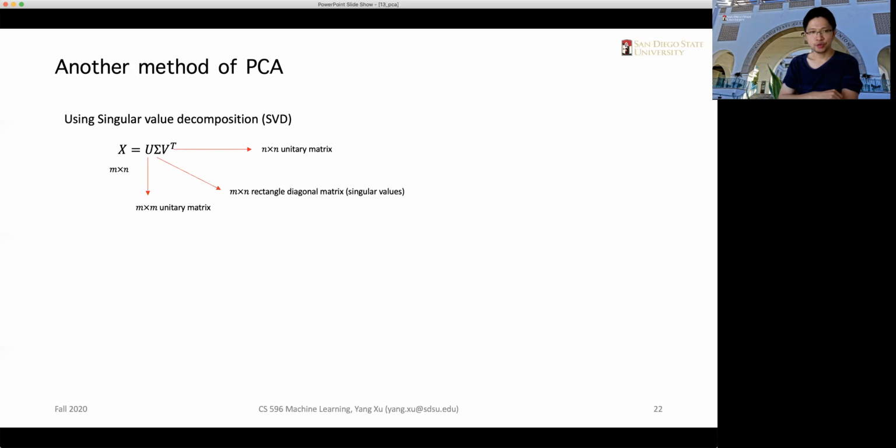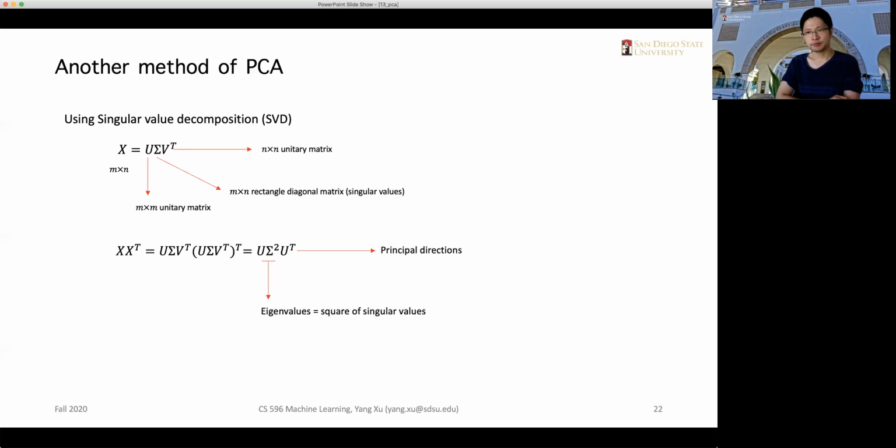The first, U, is a unitary matrix n by m, and the one in the middle is n by n, but it's a rectangular diagonal matrix, and the diagonal values are called the singular values. And on the right, it's an n by n unitary matrix.